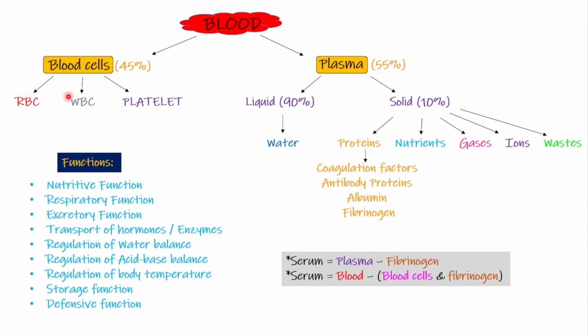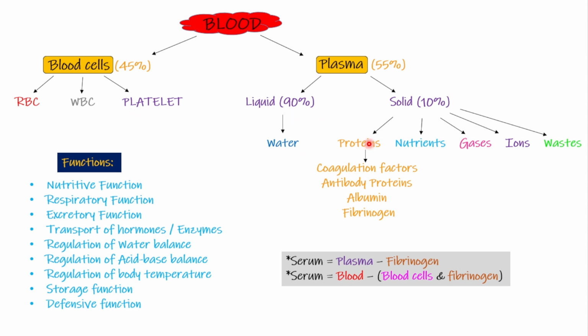Then we have white blood cells, which have their role in immunity and protect our body from foreign invaders. Then we have platelets, which, as discussed before, are involved in preventing clotting of the blood.